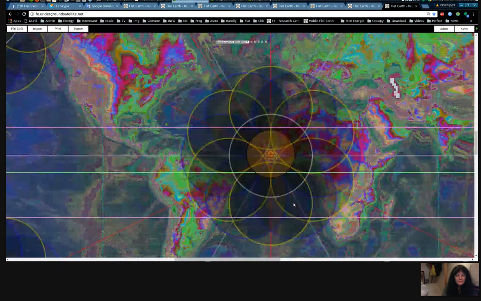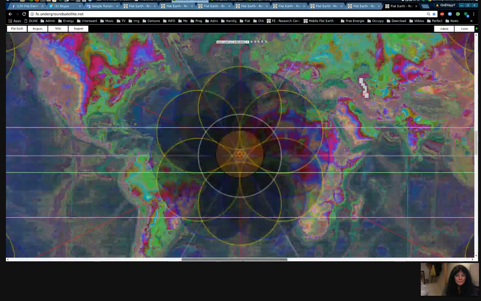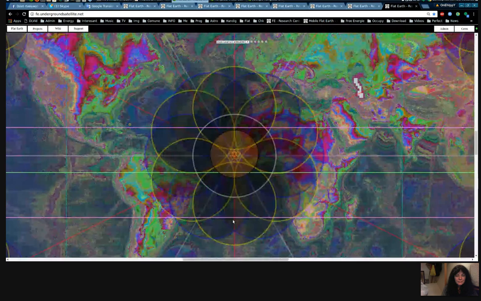The top pink line is the Tropic of Cancer. The bottom pink line is the Tropic of Capricorn. The green line is the equator, zero point, latitude 0.